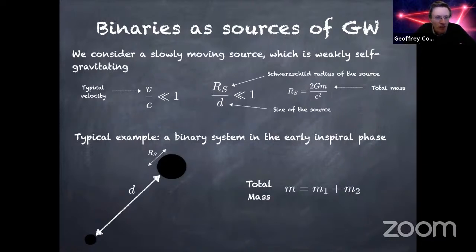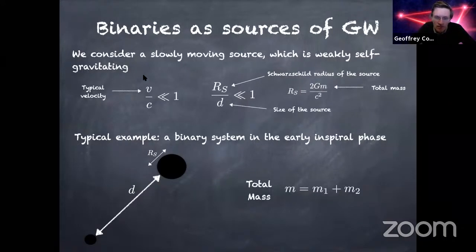So let's consider the simplest case of a slowly moving source, which is weakly self-gravitating. So the velocities inside of the system are small, and the Schwarzschild radius of the source in terms of the size of the source is also a small parameter.